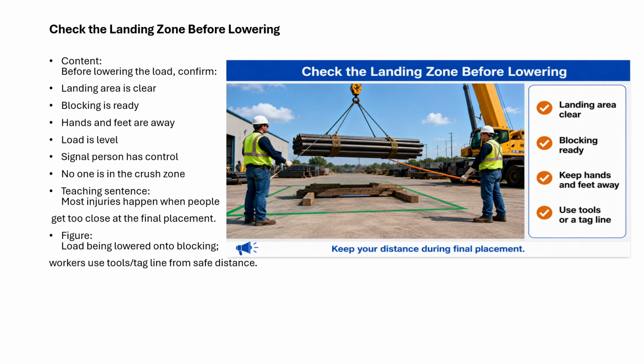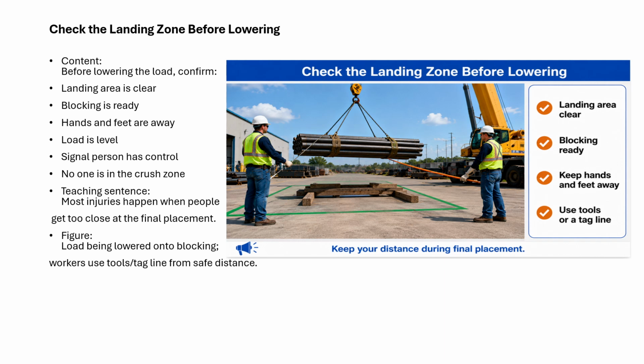Hands and feet are clear. The load is level. Leveling the load is better. Safety: a single person has control. No one in the crush zone. Most injuries happen when people get too close at the final placement.